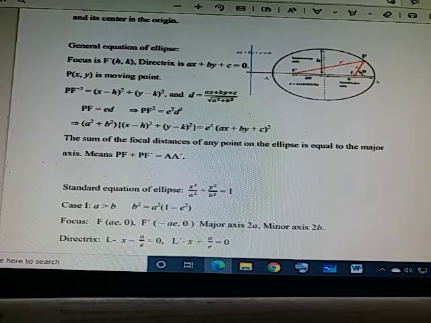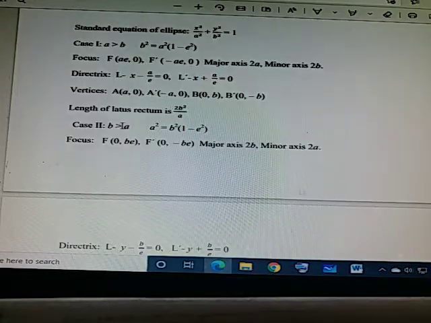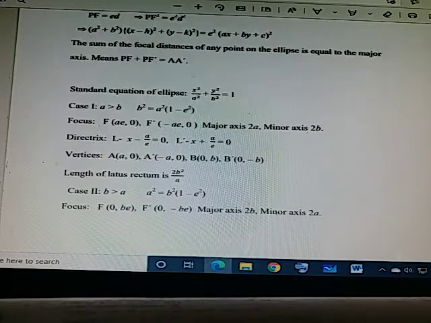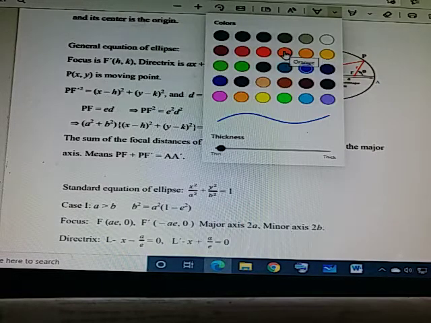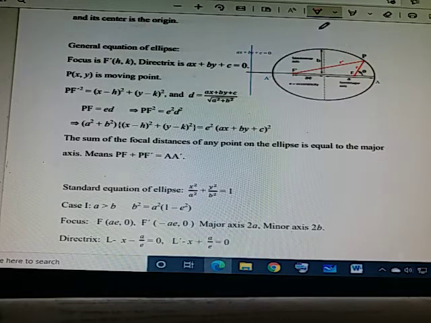And in case of case 2, then b is greater than a. So in case of this, because b is along this y axis, so b is greater than a, means this will be the ellipse, it will be like this.